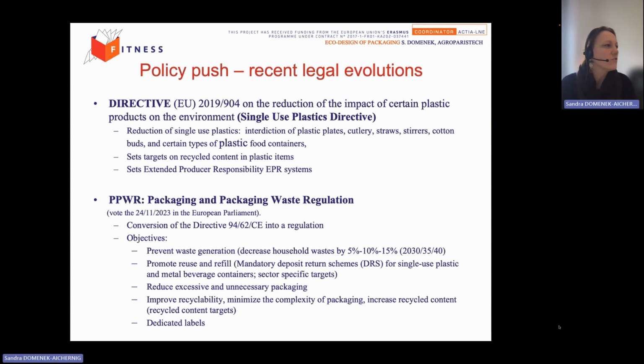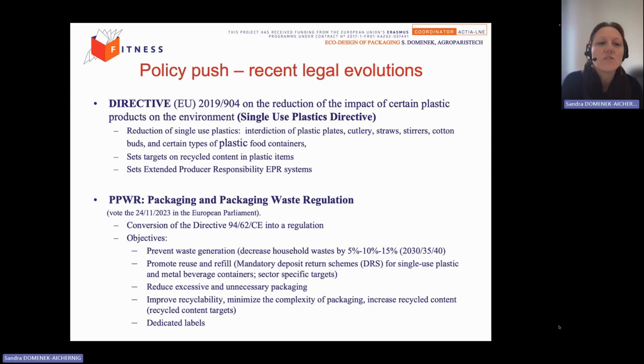And so in all those 2 regulations, you will have the idea to reduce the use of single-use plastics, to prevent the waste generation, and to promote reuse and refill systems for food packaging, which calls indeed for eco-design.